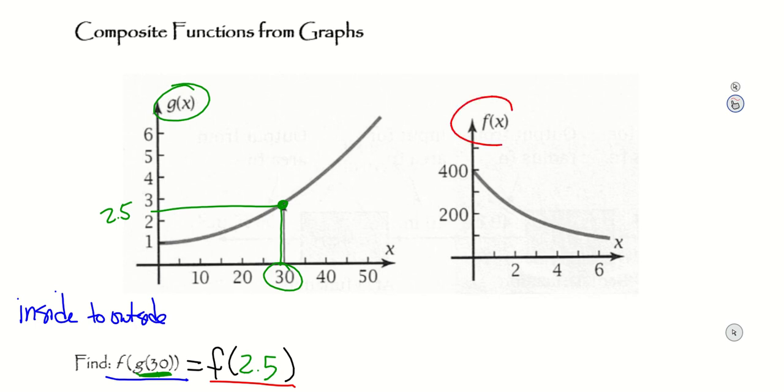So I'm going to go up here to the f function, and the input for f is 2.5, so I'm going to go to where 2.5 would be on the x-axis, that's my input for f, follow a line until I intersect with the f graph, and then from that point, follow a line horizontally. So if this is 200, this would be 100, and this might be, what, about 190. So I would say my estimation for my graph is around 190.